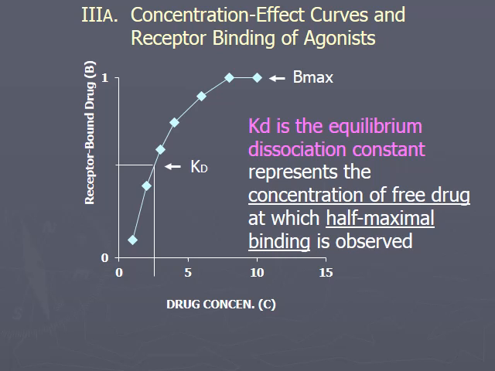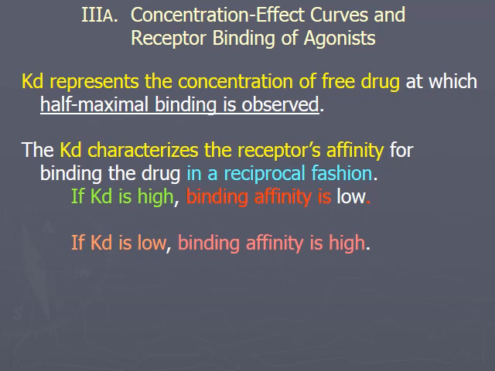Usually you get half-max binding, you get half-max effect. You get all binding, you get max effect. Except for what type of receptors? Spare receptors. Good. But this is usually what's happening. So the Kd represents the concentration of free drug at which half-max binding is observed.